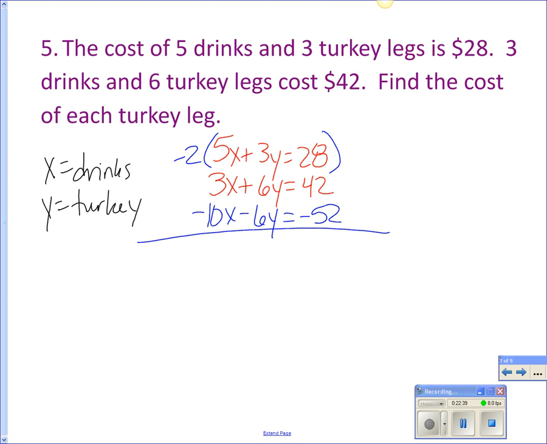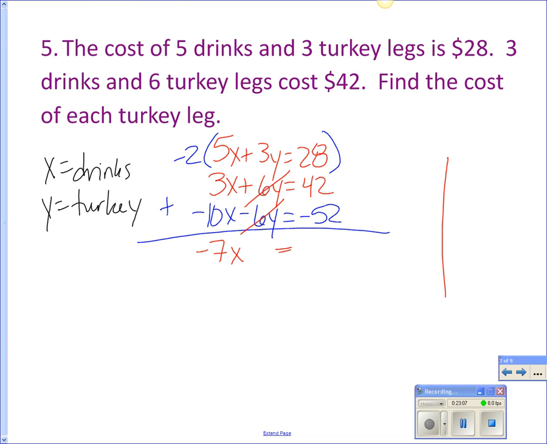All right, without a calculator, Haley, what's 3 plus negative 10? Positive or negative? Negative 7x. Sorry, what happens to positive 6y and negative 6y? Very good. All right, Dylan, without a calculator, help me right here. 42 and negative 52.